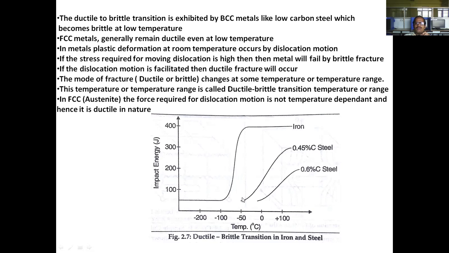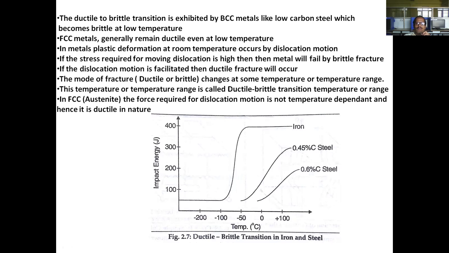So the nature of the plot changes with change in percentage of carbon. For 0.45% carbon steel, failure will occur in this transformation zone. For 0.6% carbon steel, the transformation is different.